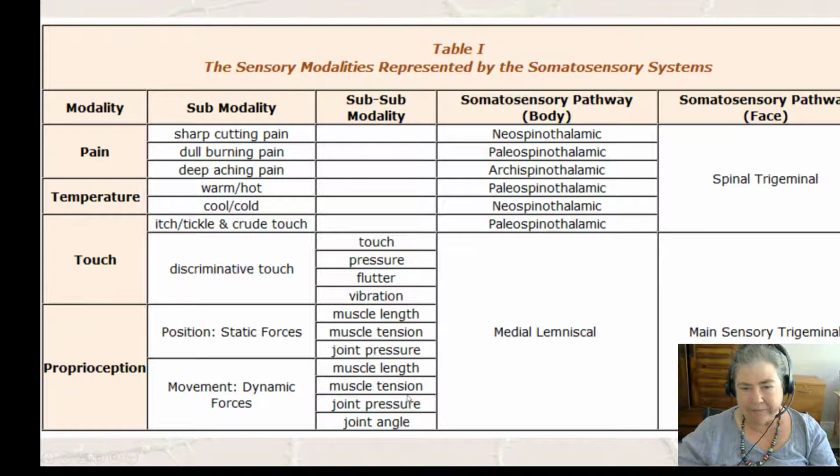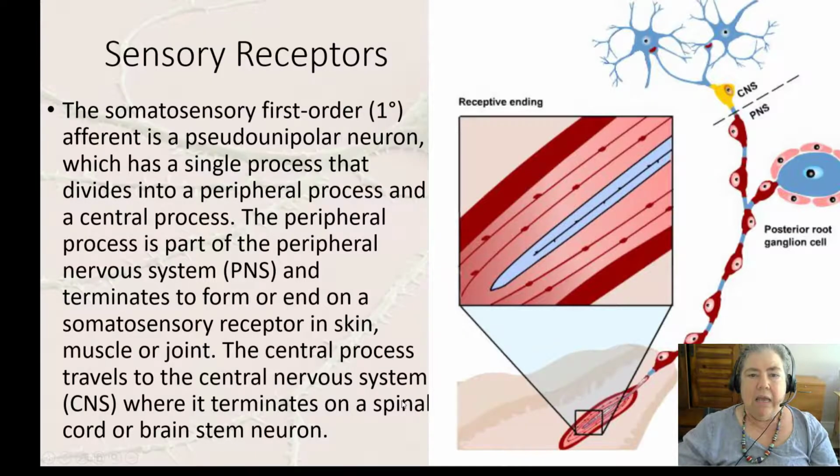Sensory receptors may be, actually, they are in the peripheral nervous system. They may be continuous with axons. They communicate via an axon from the peripheral nervous system to the central nervous system.